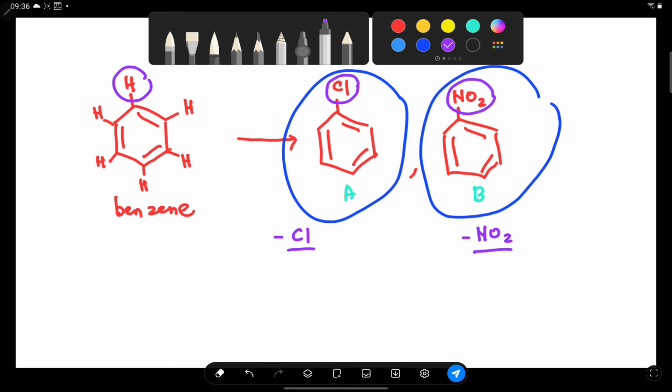Cl is categorized as an activating group, while nitro group is categorized as a deactivating group. What does it mean by activating group?